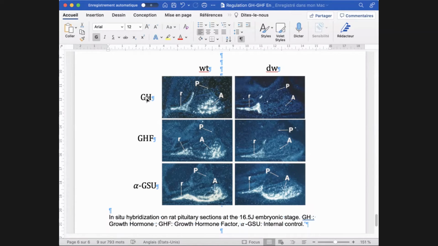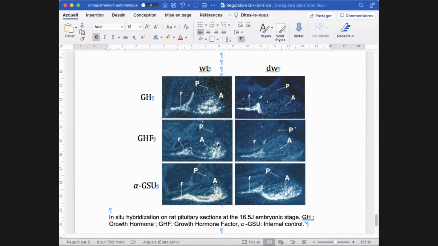So you see, this is the same result as before. The gene GH is expressed in the entire part of the pituitary. Okay, is it fine, that or not? We see back the results. So normal rat, GH in anterior pituitary. We look at in this normal wild type rat where the GHF is produced.